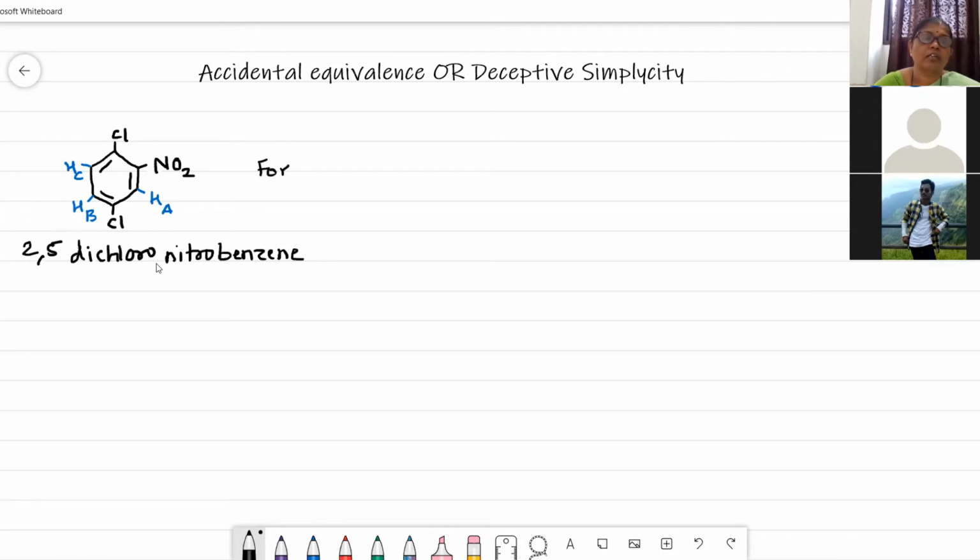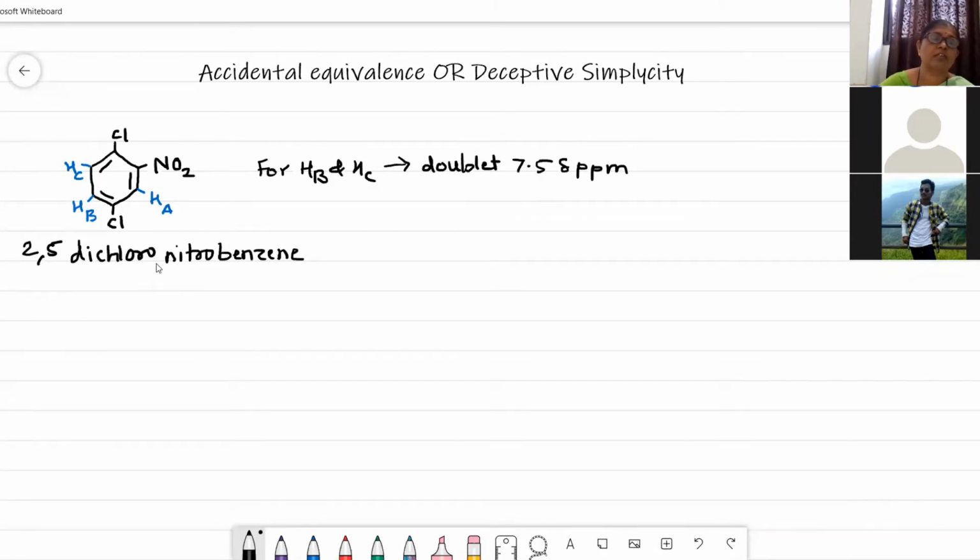For HB and HC, they give the doublet at 7.5 delta ppm.